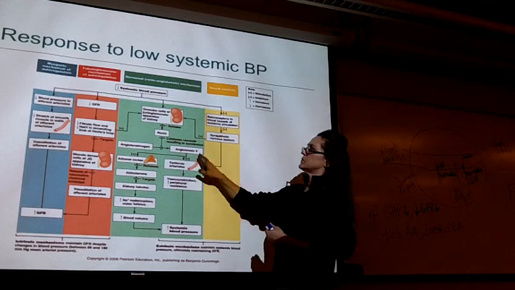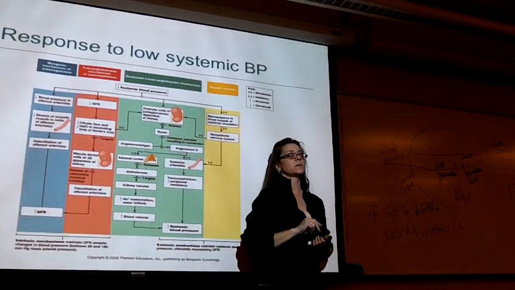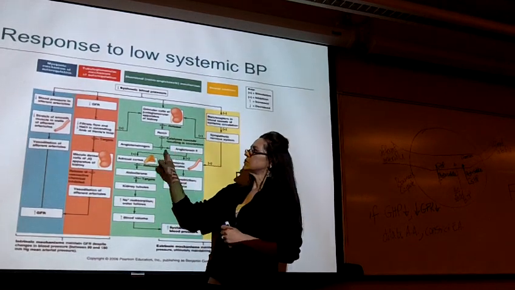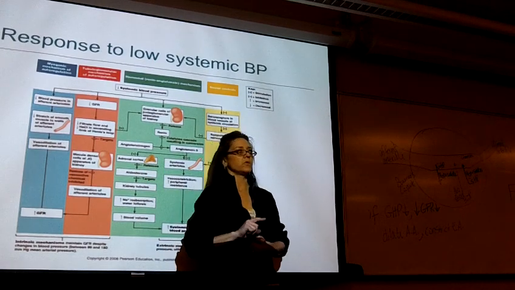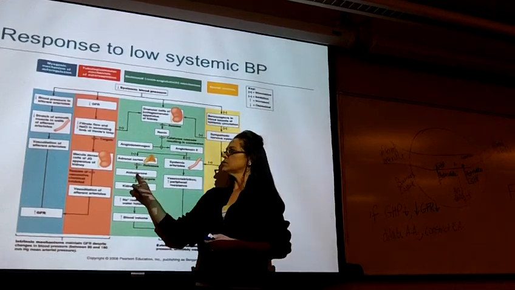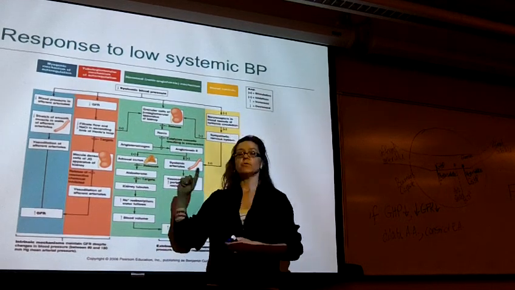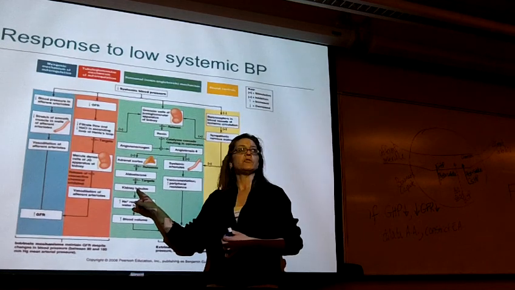Now, angiotensin II can also come over here to the adrenal cortex. At the adrenal cortex, angiotensin II will cause the adrenal cortex to release aldosterone. Now, aldosterone, a mineralocorticoid hormone, enters the bloodstream, and it will come over to the kidney tubules.